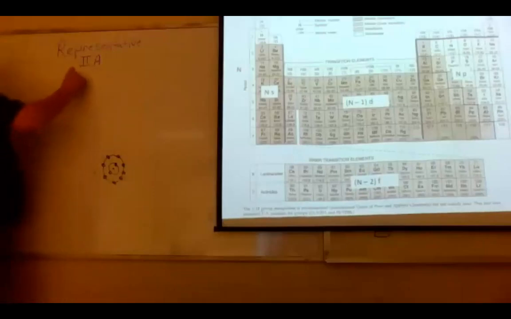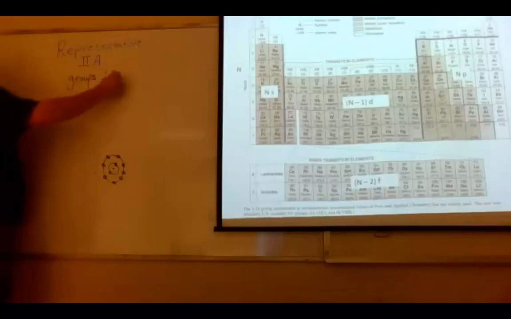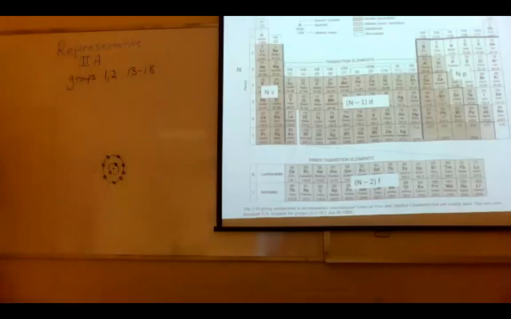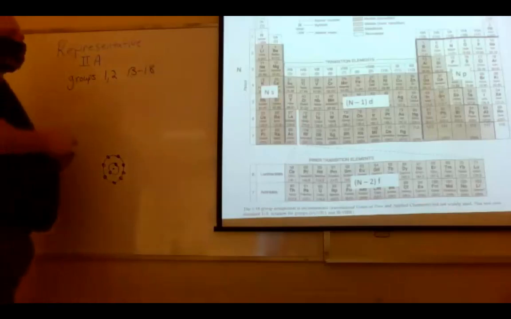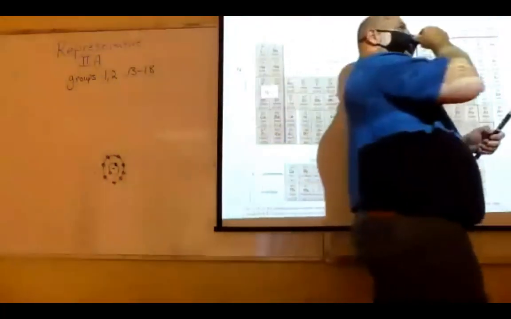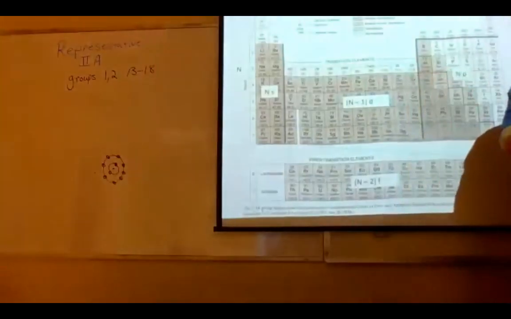Well, these are groups 1, 2, and 13 through 18. Those are our representative elements. You also hear me sometimes call them main group elements, because we used to call them that.